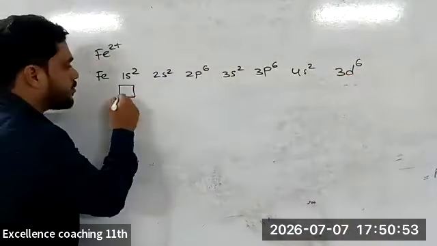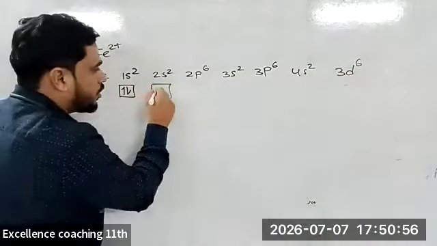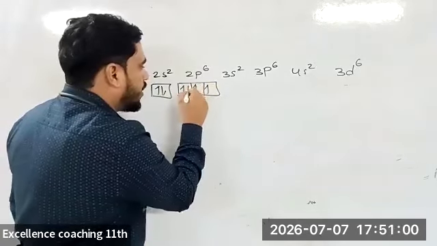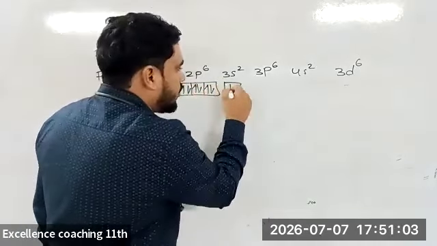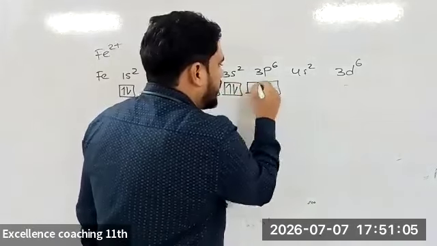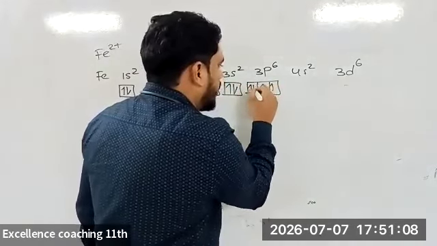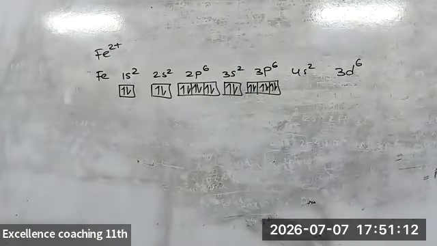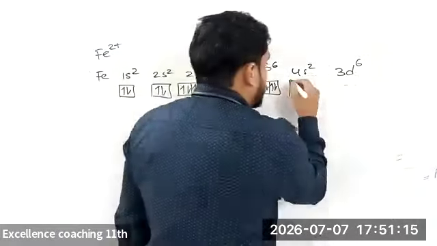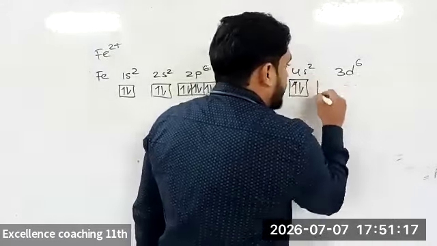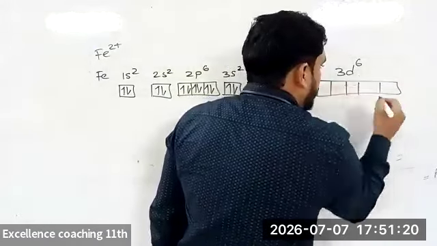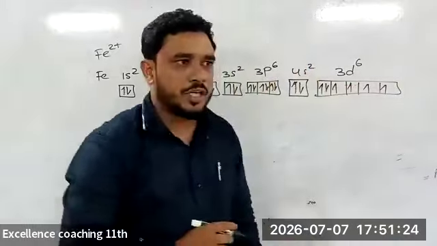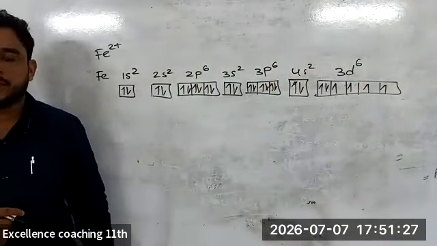I told you all to draw the orbitals: one orbital 2 electrons. 2p has 3 orbitals, 1 2 3, 4 5 6. 3s 1 orbital 2 electrons. 3p 1 2 3, 4 5 6. 4s 2 electrons. 3d 6: 1 2 3 4 5, 1 2 3 4 5 6. Just check if I get it. This is for Fe, not Fe2 plus. Have you got this?